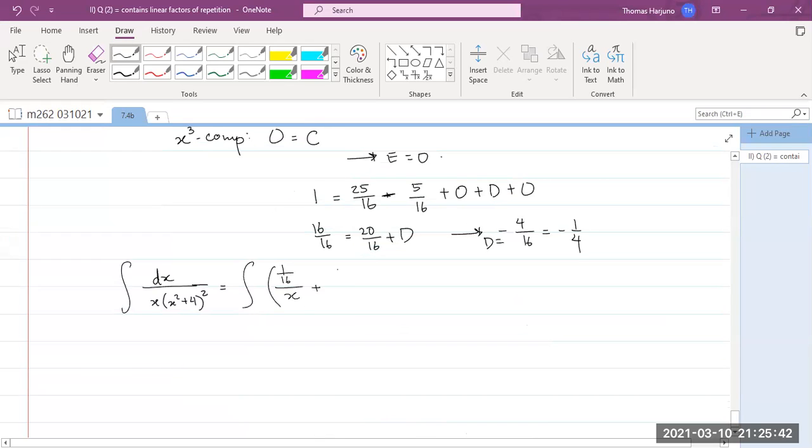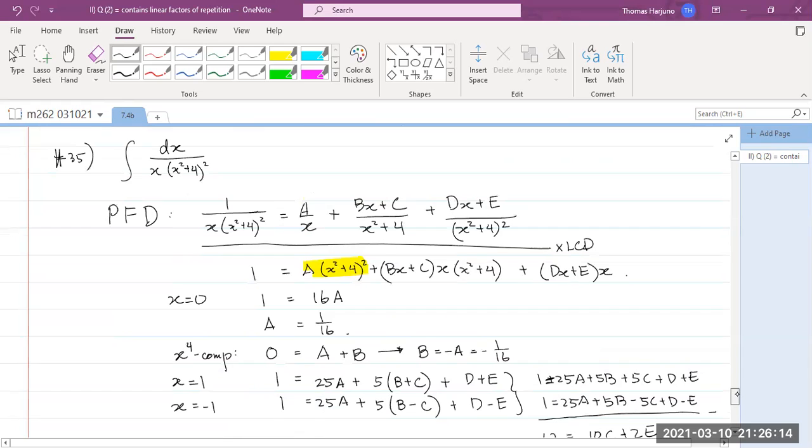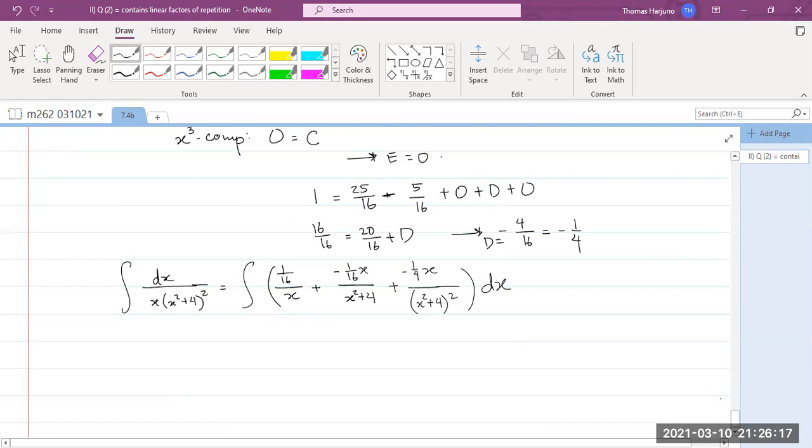So this is negative 1 over 16 times (x squared plus 4). Okay, plus my e, also 0. What's my d? My d is negative 1/4. So negative 1/4. Hold on, I have an x here, and this is also an x here. (x squared plus 4) squared dx. I hope I don't write anything wrong. C and E. I really hope I don't do anything wrong, seriously.